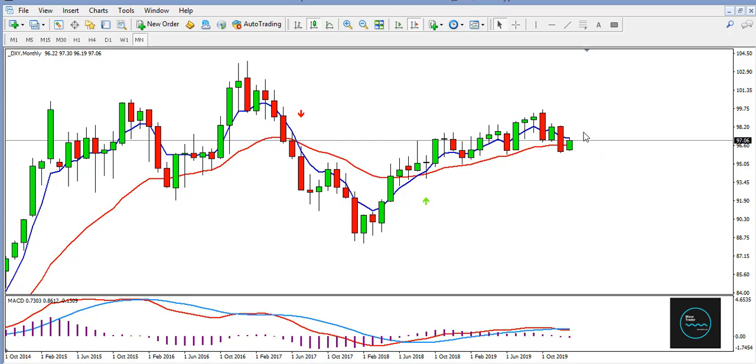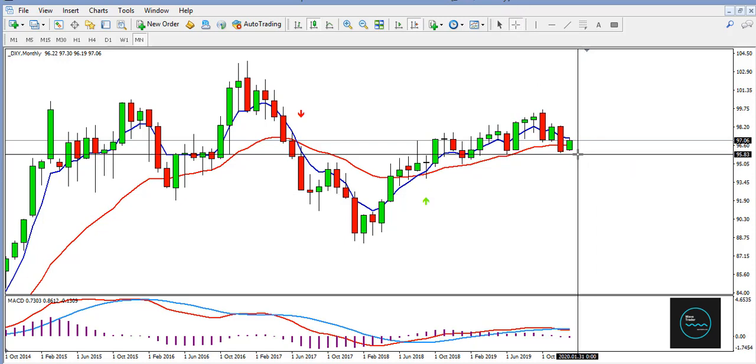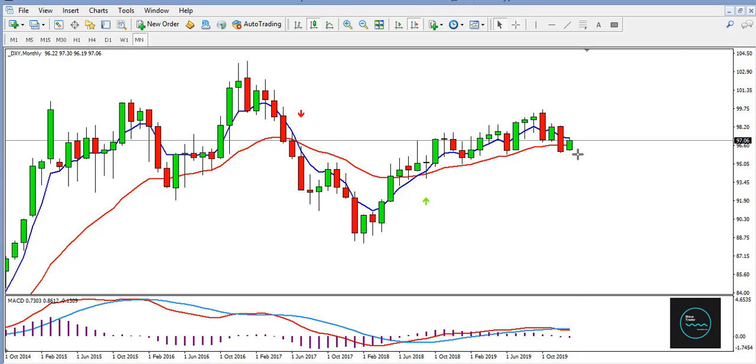However, because this is the monthly, I just want us to pay attention to the most current candle, and you can see that it is bouncing off of an area of support right here. All right, so this area is a good area of support for the dollar index. That's the 95.83 region. So we are just going to concentrate on that for now. Even if it decides it's going to go down, we have all month to realize that.